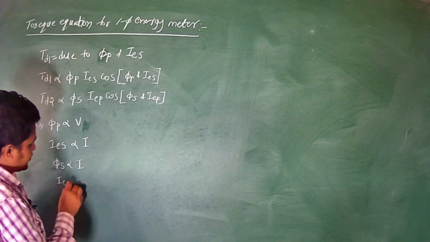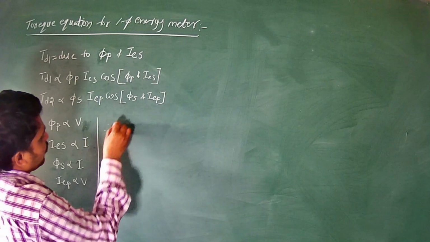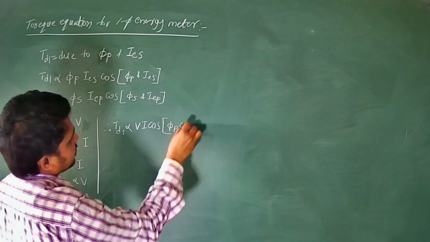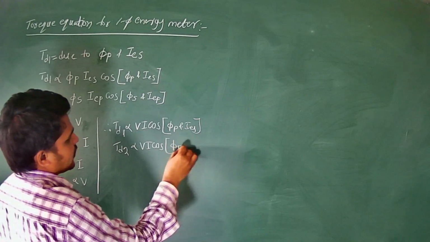Therefore TD1 is proportional to VI cos of the angle between phi p and IES, and TD2 is proportional to VI cos of the angle between phi s and IEP.